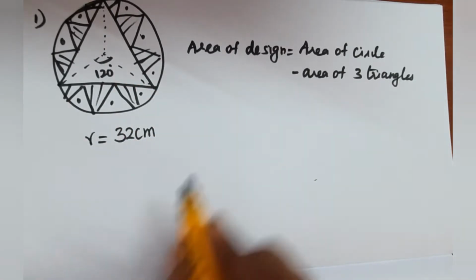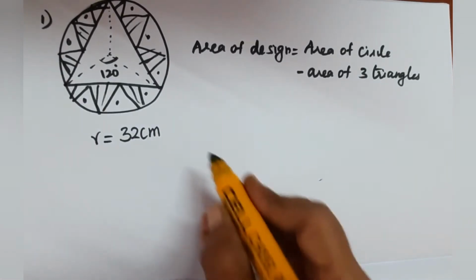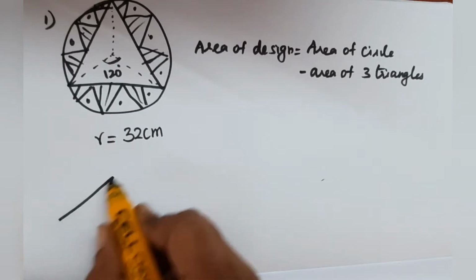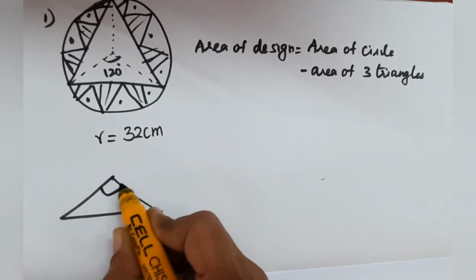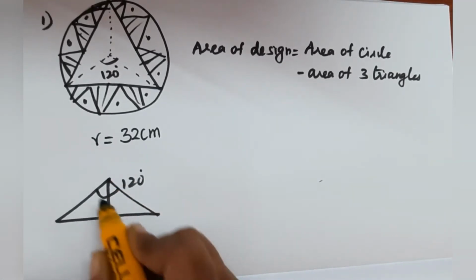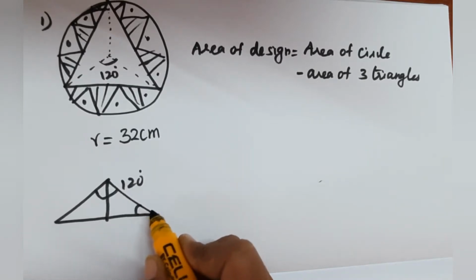Right. How to find the triangle area here? In the previous video you saw that one. If the angle is 120 degrees, it is 120 degrees means if we are dividing this one, we are getting 60 each. And this will be nothing but 30 degrees.